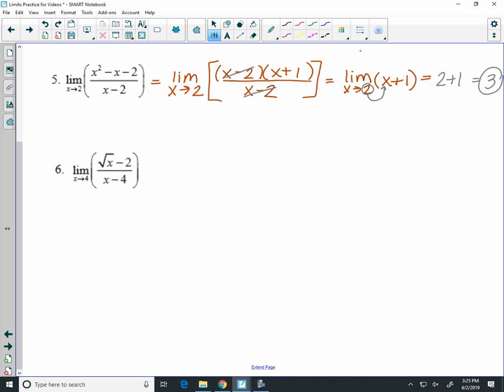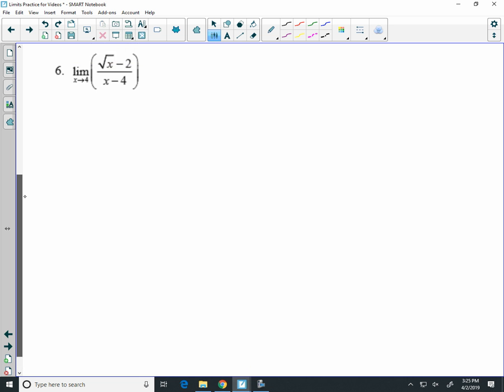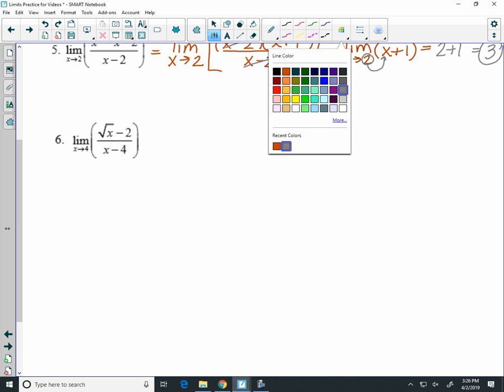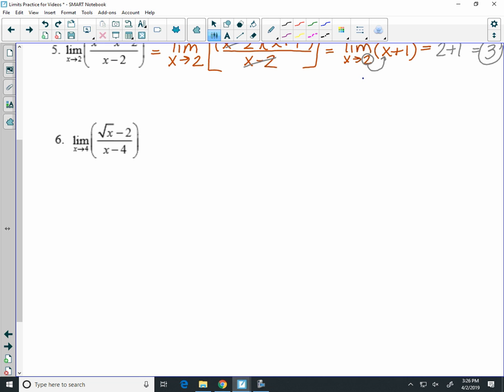Okay, number 6. So number 6, this is where a couple challenge problems get thrown in. The algebra with these is very reachable, and it's something that you've seen before. But this problem is a little different because we're not just going to rationalize, we're going to rationalize the numerator. So for this one, if I plug in the 4 for the x, the bottom is a problem.